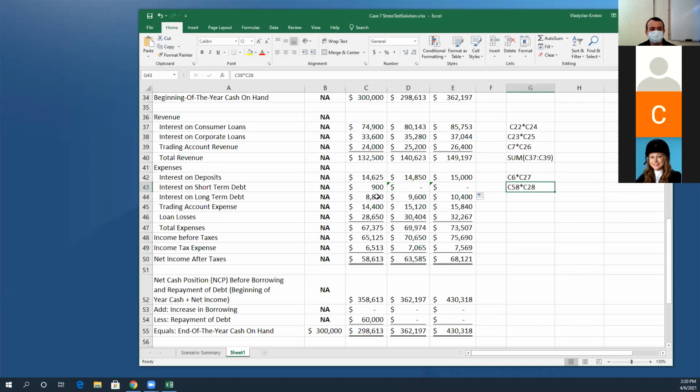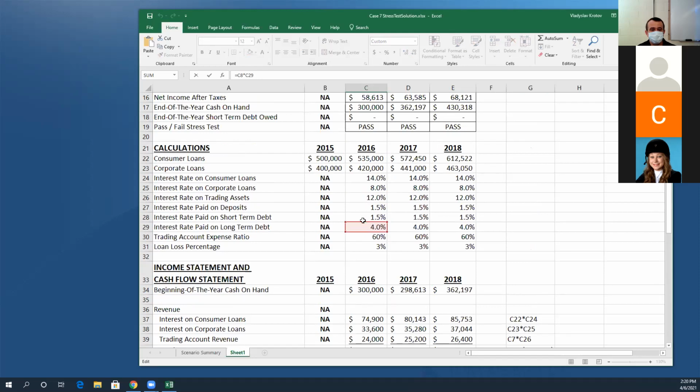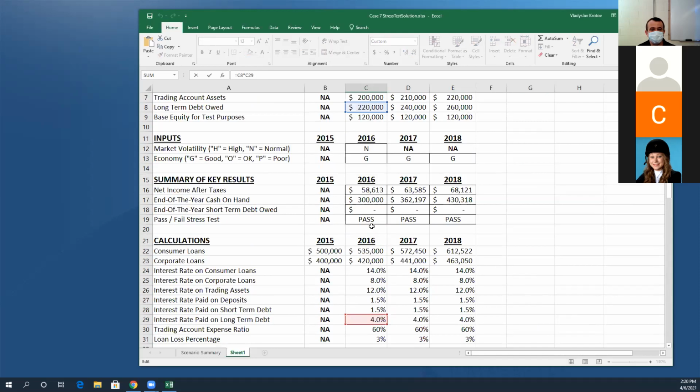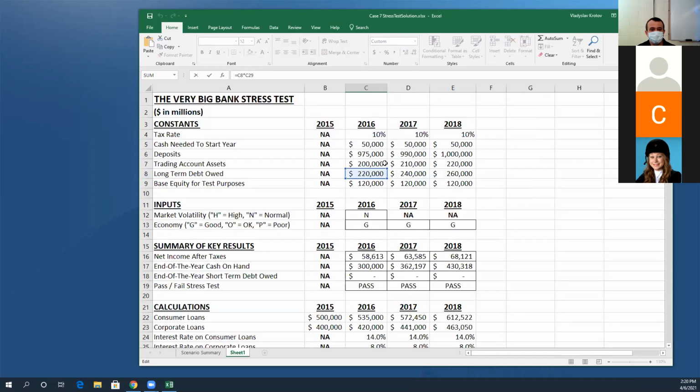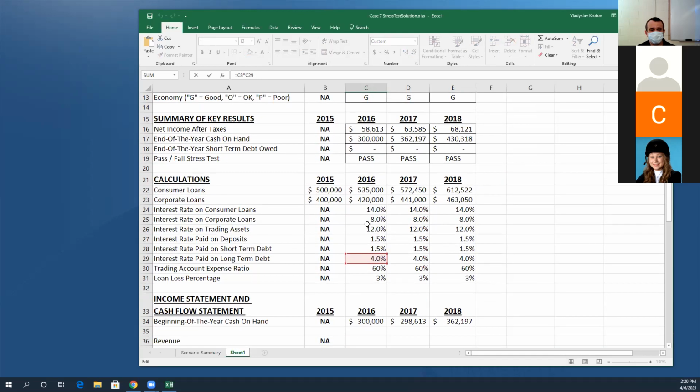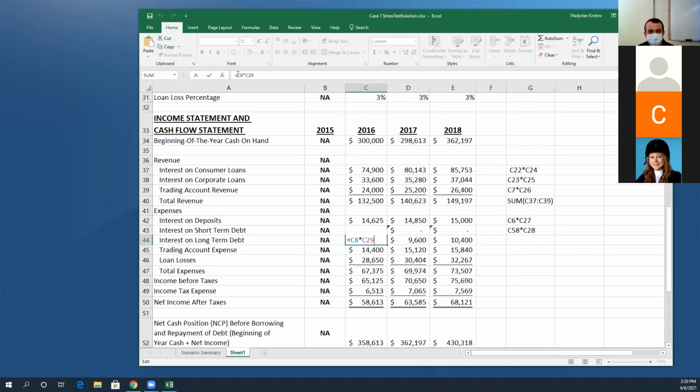Also, you need to pay interest on your long-term debt, and you calculate it by multiplying C8, which is your interest rate on long-term debt, by your total long-term debt. So it's C8 times C29.